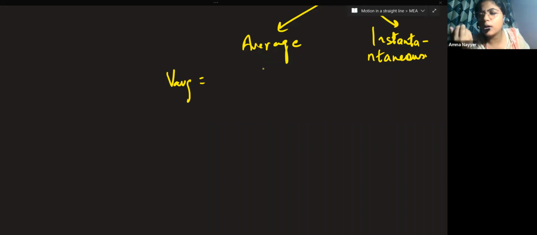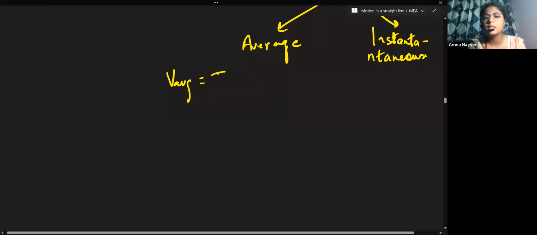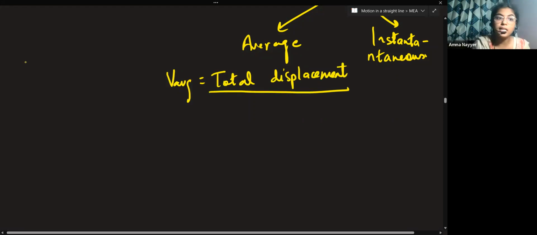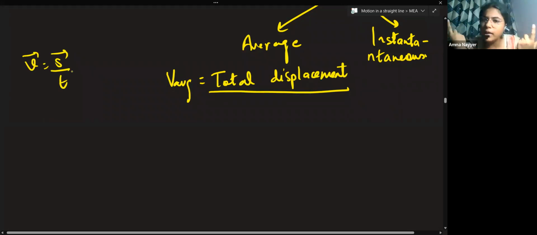So in questions, what is your task? You just have to find out the total distance in case of speed. And in case of velocity, you just have to find out the total displacement. Total time will either be mentioned to you. If it is not mentioned, then you can again use this formula. Remember, in the last class we had done these kinds of questions where either velocity was missing, displacement was missing, or time was missing.